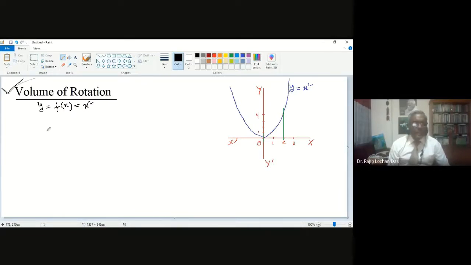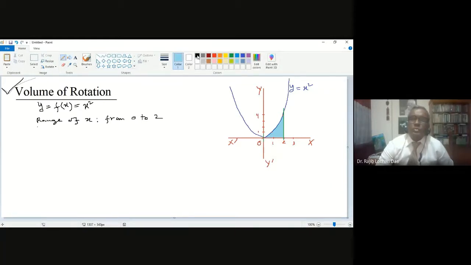The range of x value is given from 0 to 2. So this is the x lower boundary 0, x upper boundary 2. That is the given thing. Now, it looks like a triangle, but it is not exactly a triangle. This is the shape which is to be rotated.